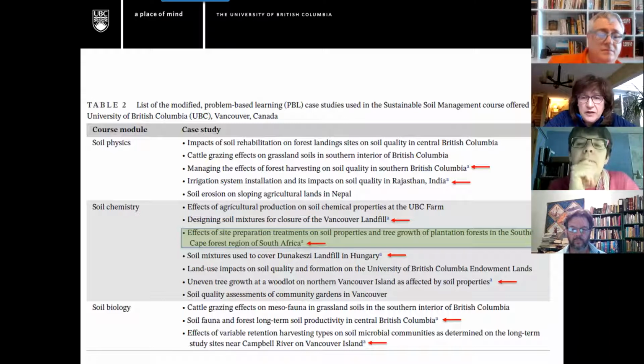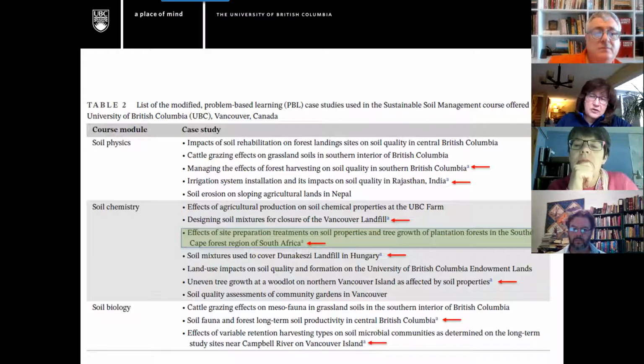Out of those 15 cases that we have in the course, 8 are labeled here by these red arrows and are contributed by our colleagues who are not course instructors. We call them guest case contributors. That opens up a variety of examples that goes way beyond what my co-instructor and I can offer them through our own background and research.